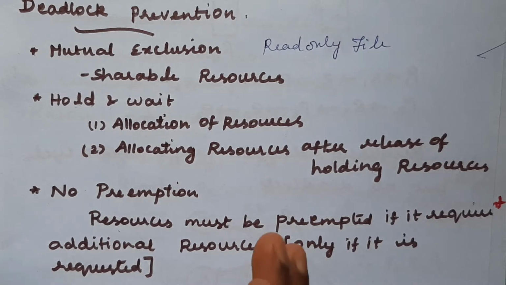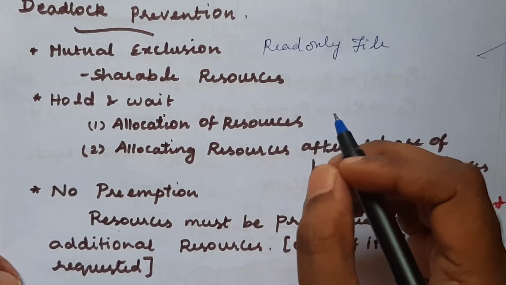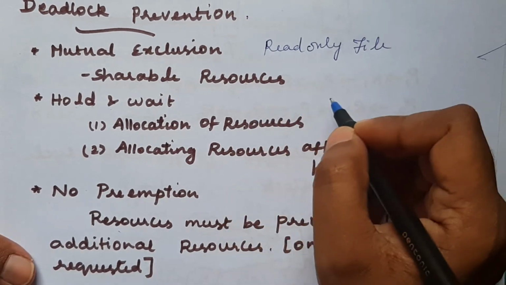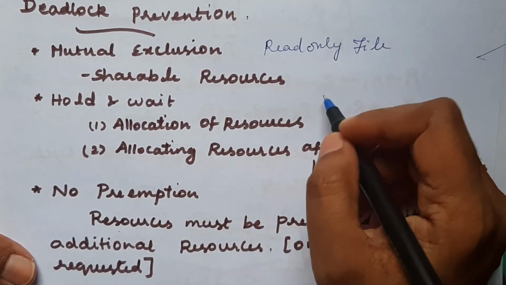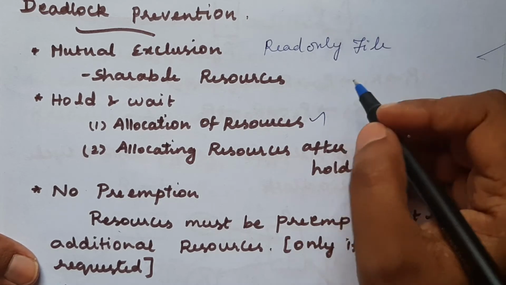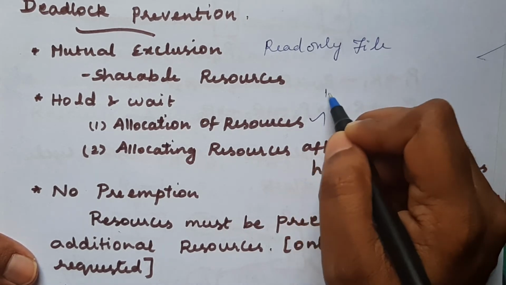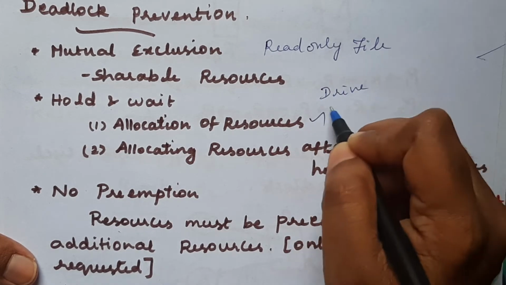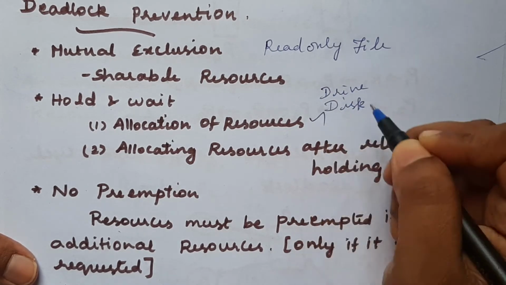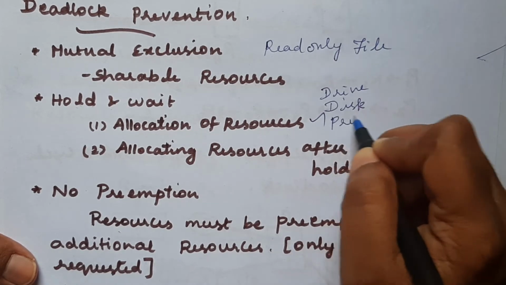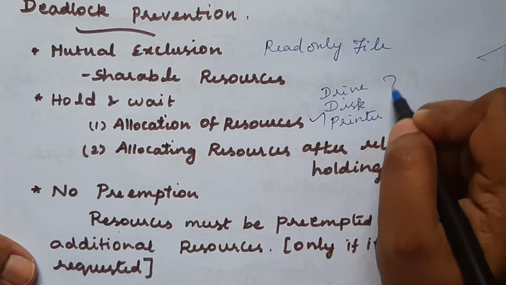This is the operation that it needs to perform. So what are all the resources it needs to allocate? First one is the drive, the next one is the disk, on which it has to copy that content, and afterwards the printer. So these three resources it may require, right?